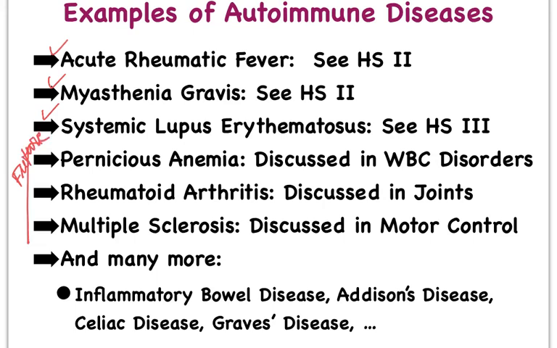We'll discuss them in some of our blood disorders such as pernicious anemia, in arthritis, when we look at disorders of the central nervous system, and so on. There are many, many autoimmune diseases.